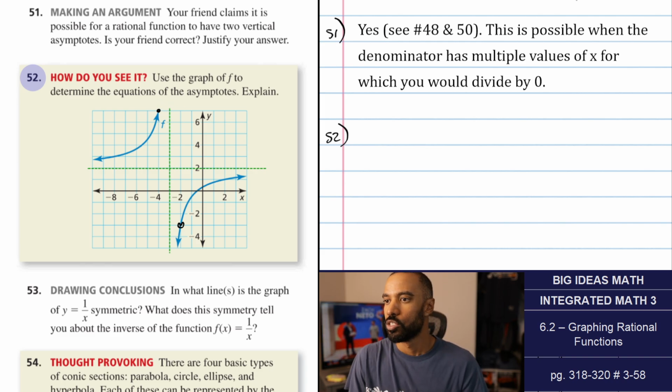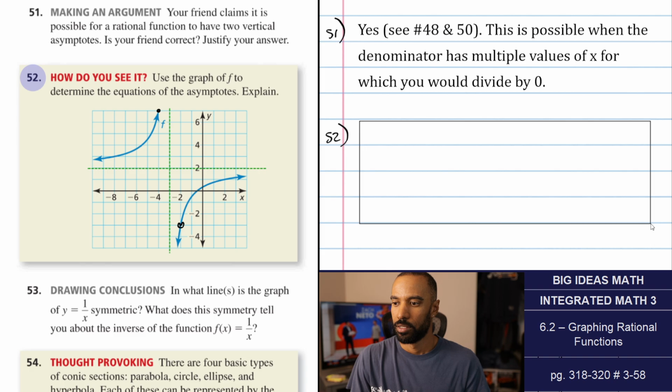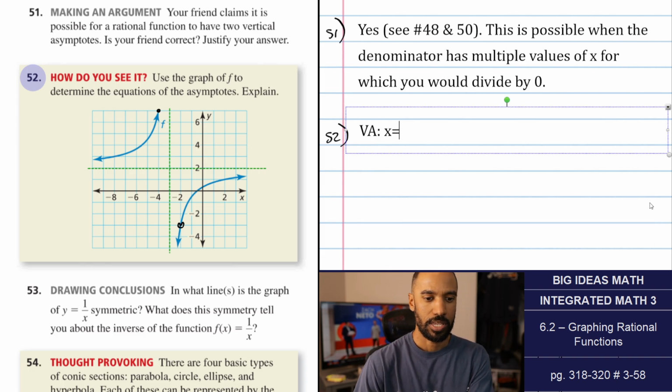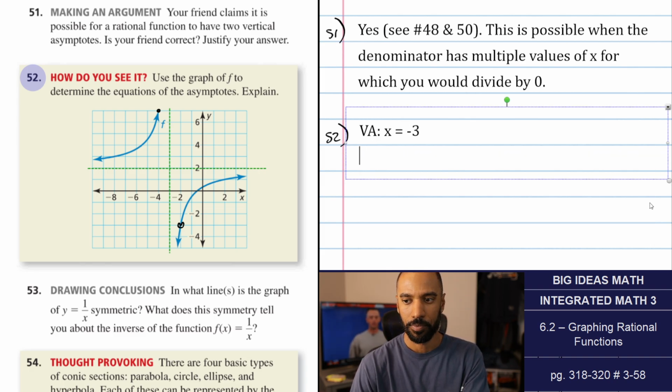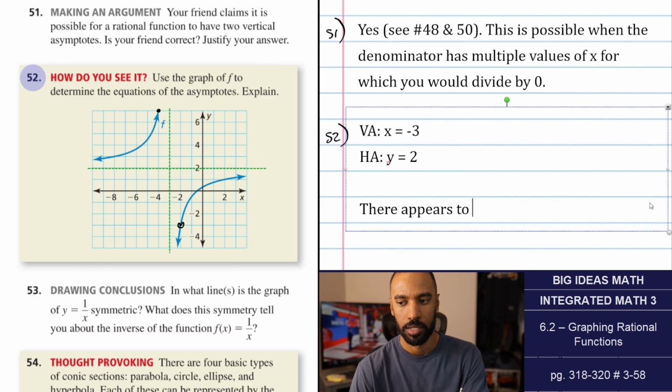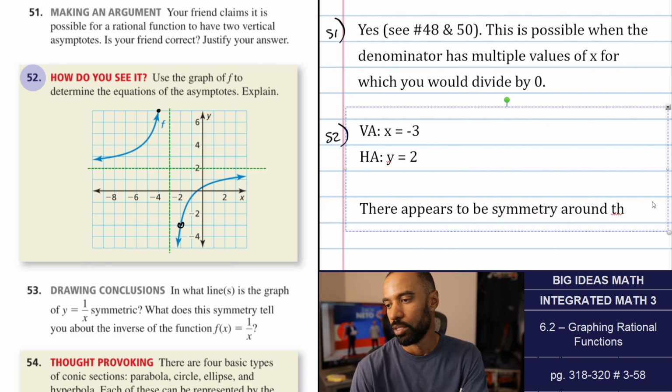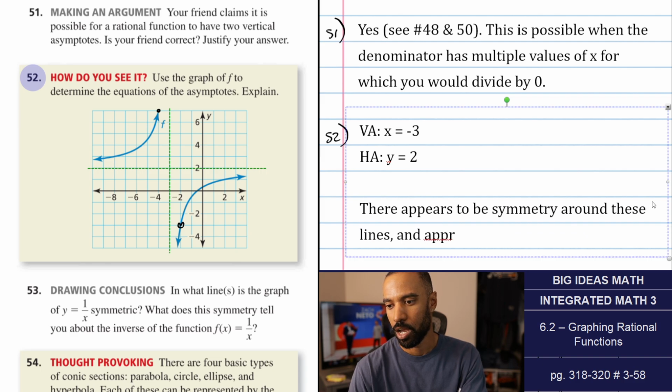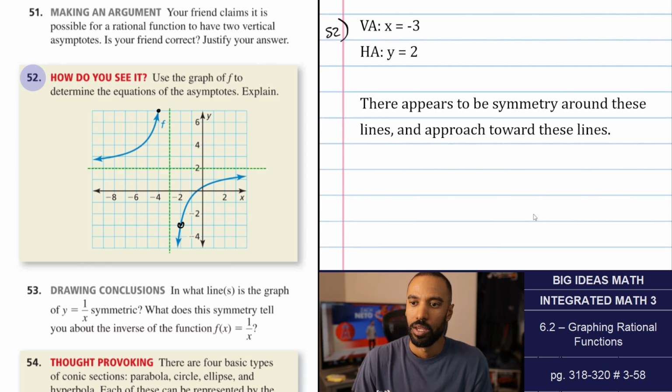So the vertical asymptote is x equals -3. The horizontal asymptote is y equals 2. There appears to be symmetry around these lines and approach toward these lines.